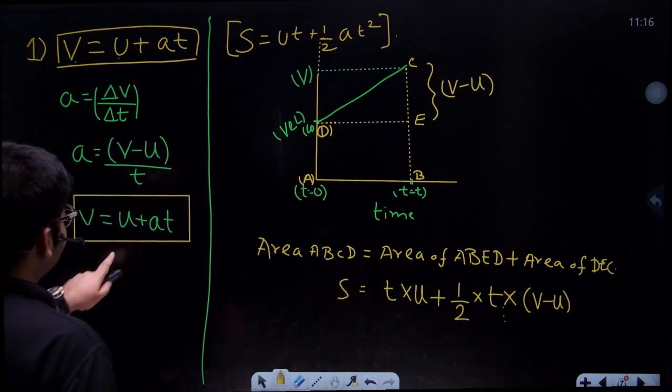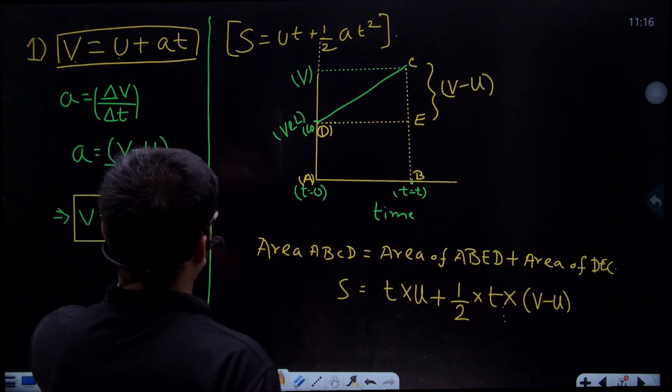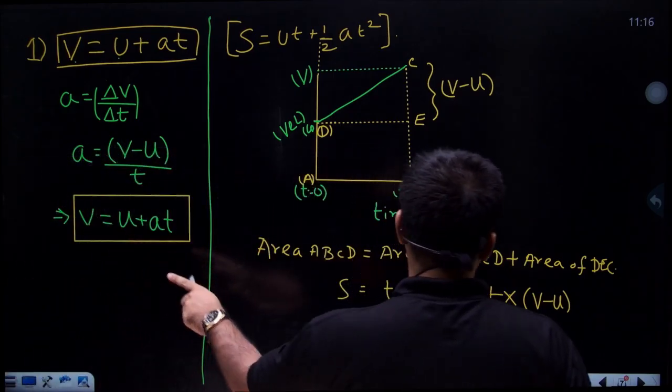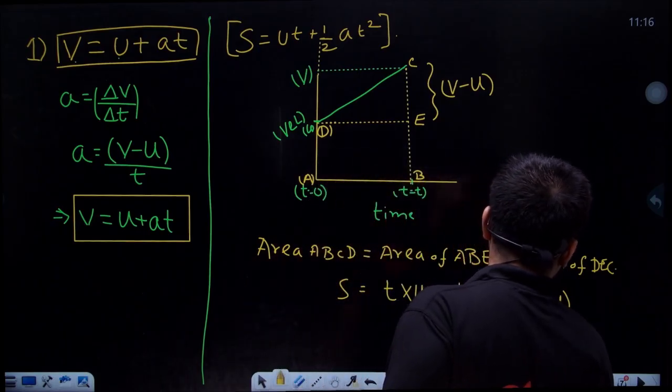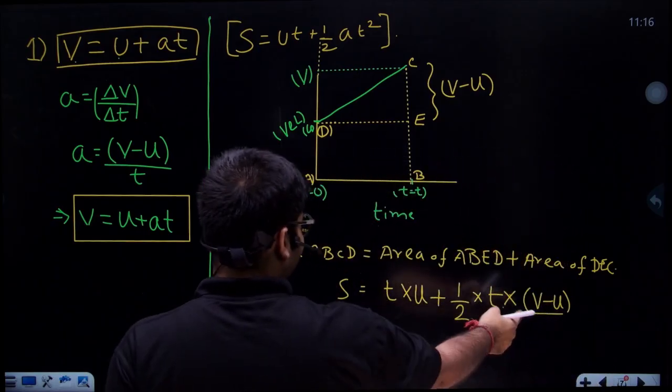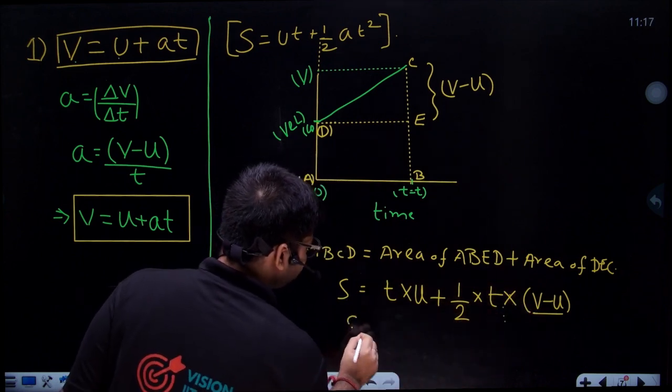And what is this V minus U? From equation number 1, V minus U is nothing but AT. So in place of V minus U, I can replace it with AT.